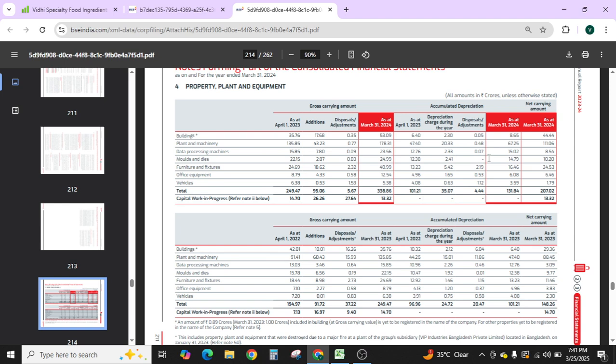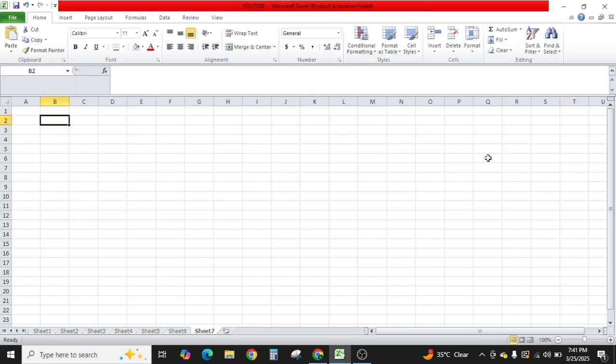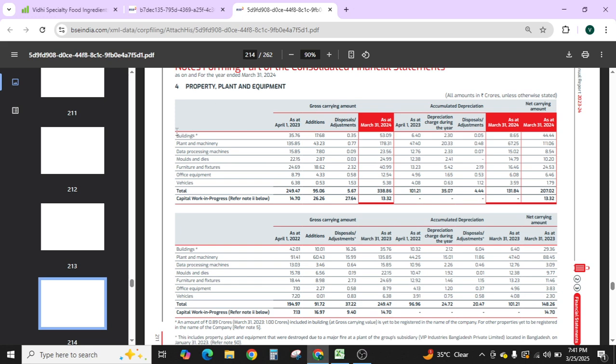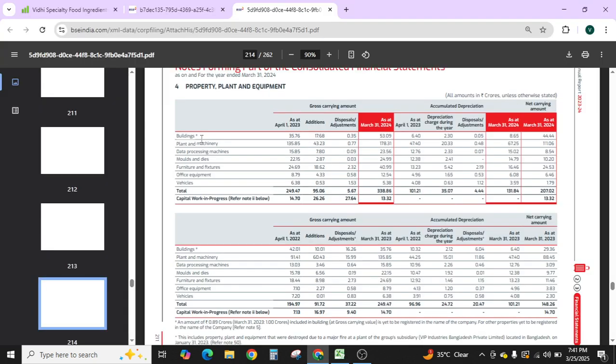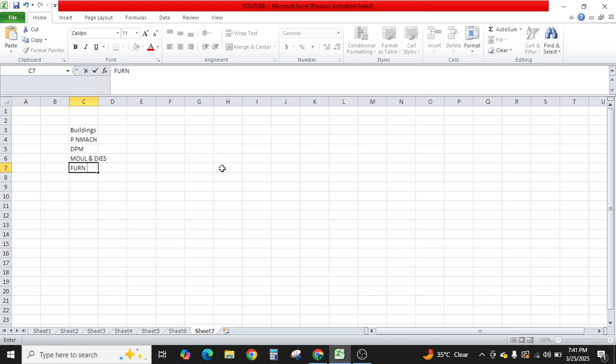So what we will do is go here and write all those line items: buildings, plant and machinery, data processing machine, mold and dies, furniture and fixture, office equipment, vehicles.